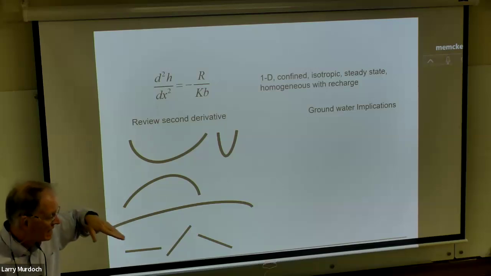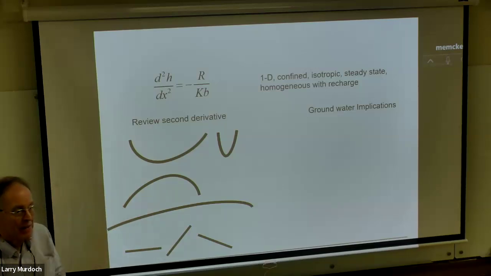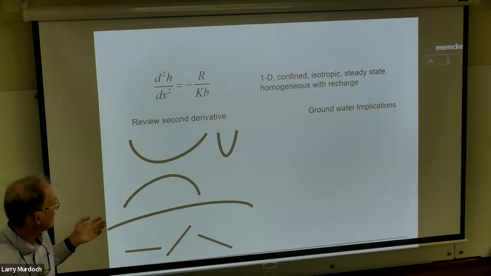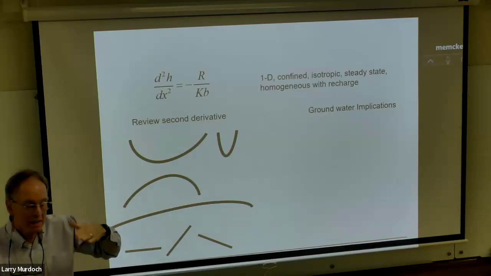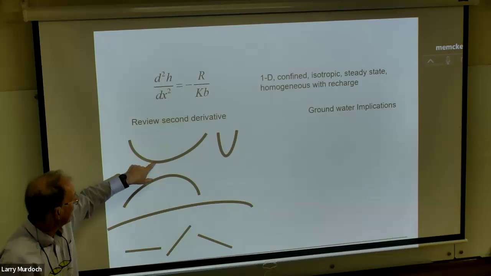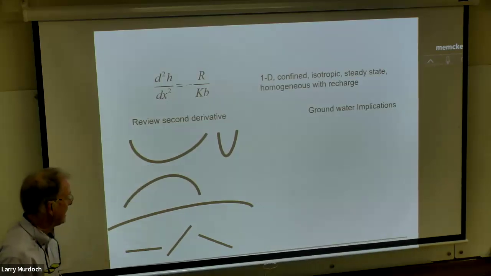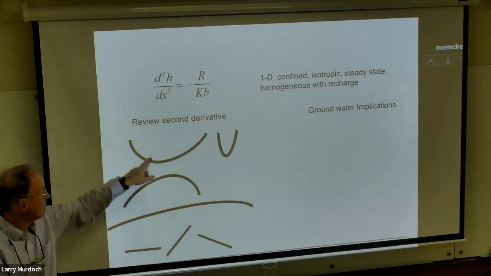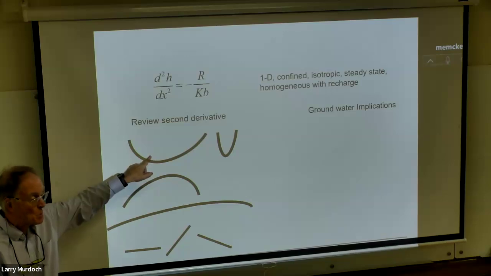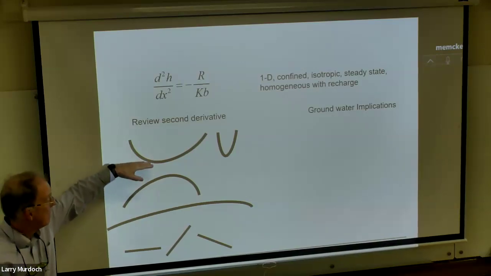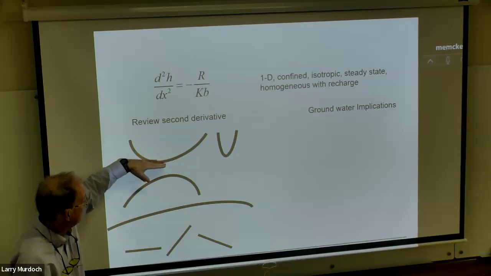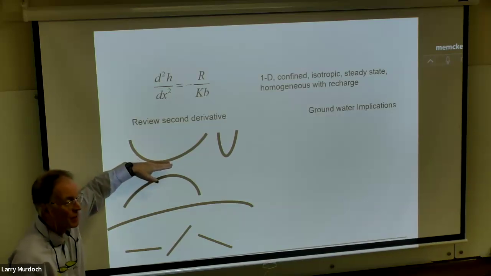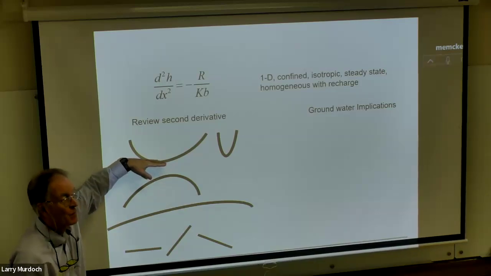So if the slope is changing rapidly, then we have a large second derivative. So what about the sign? Is that a plus second derivative or a minus? This side? Plus or minus? Decreasing, it's negative. So if the first derivative is decreasing, then the second derivative is negative.